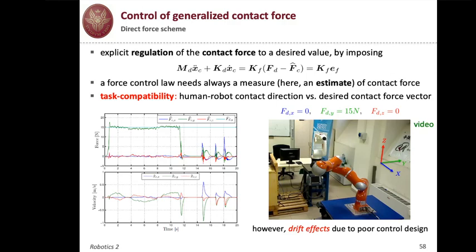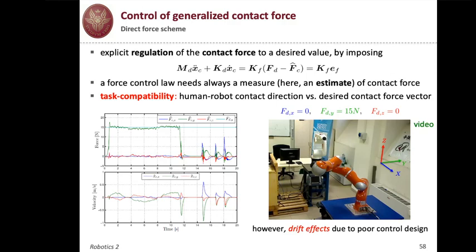Why is that? You have a kind of a drift effect because the controller has been set in the wrong way along this direction. Because if you're now trying to reach the same situation and you're pushing in the x direction and your reference is 0, of course the robot will go back in order to bring the contact force to 0. And same along the z direction.